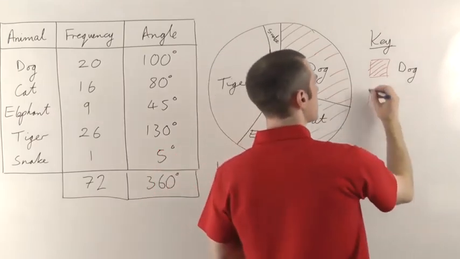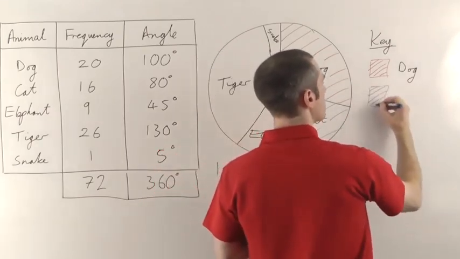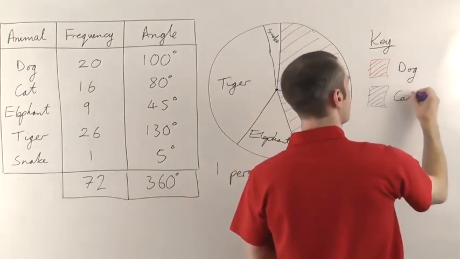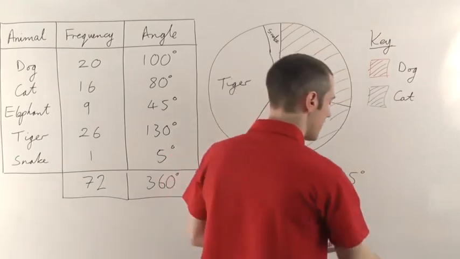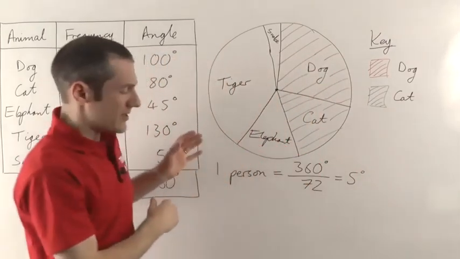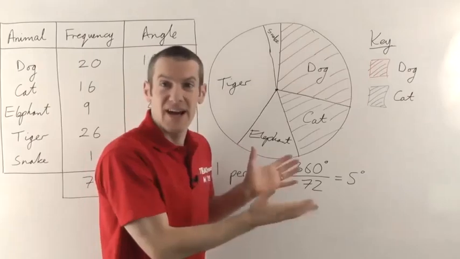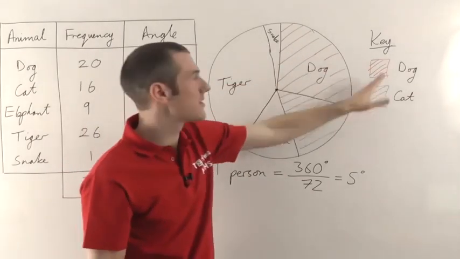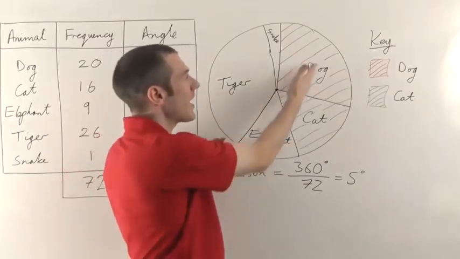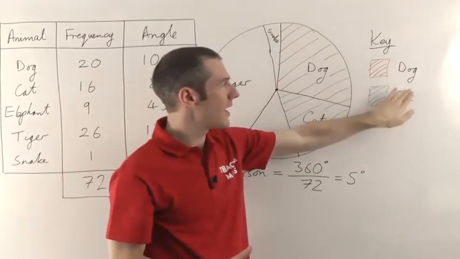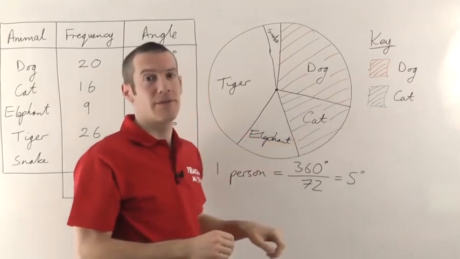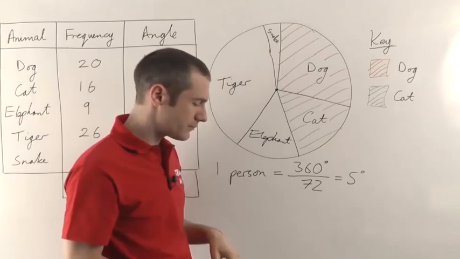And then you do another box here that's blue, and you write cat. And you carry on like that. I won't do all of them, you get the idea. So you can have different colours round here, and you do the little boxes at the side and write what they are. Now as I say, you don't have to write the names in here because you will have the names on your key. But it's very important that you have a key for a pie chart. It's the first thing people look at.